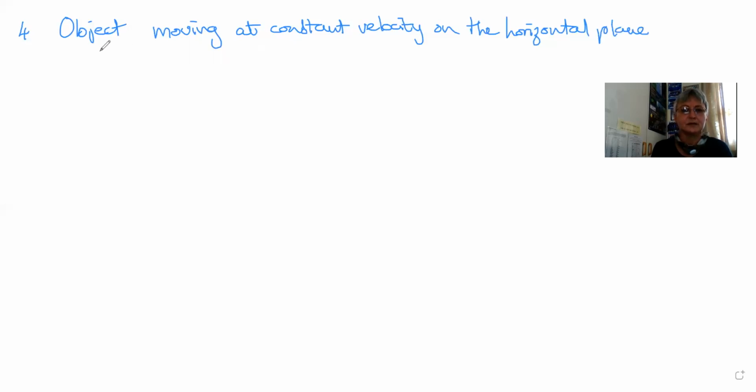In this case, the applied force is non-zero, and the friction is kinetic friction.